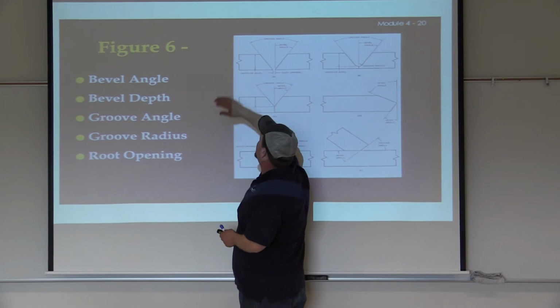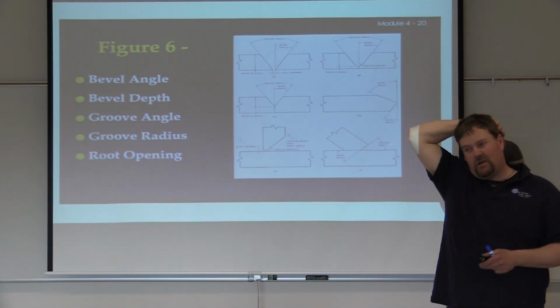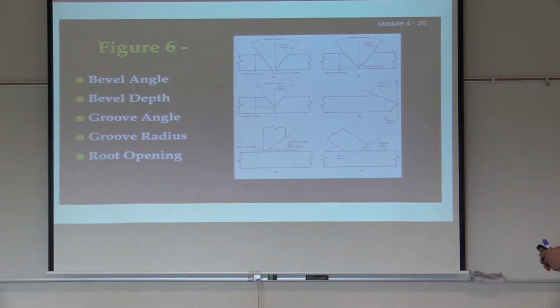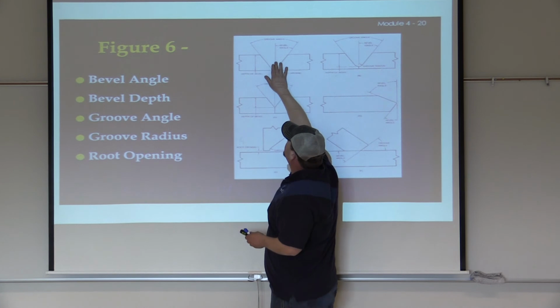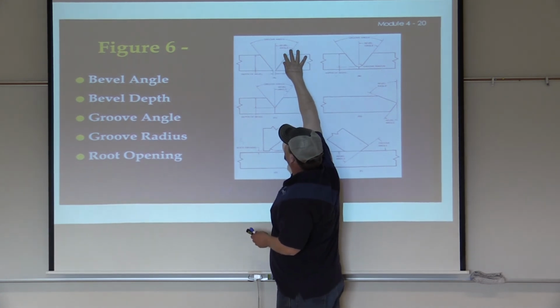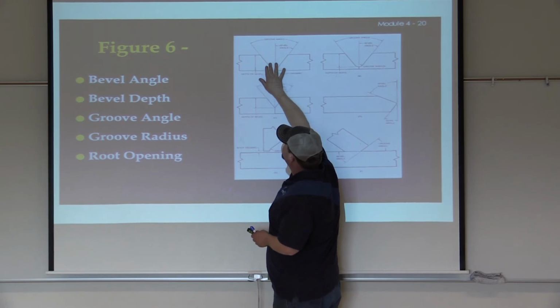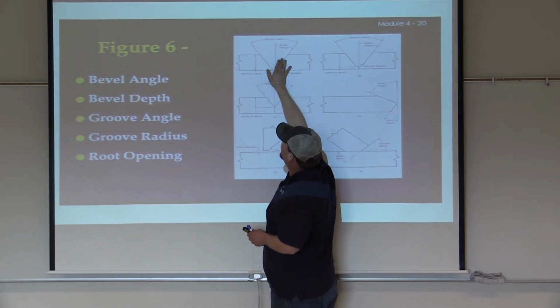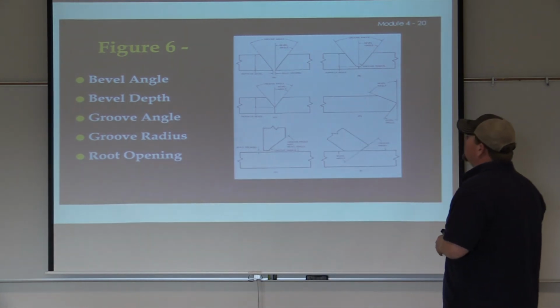The most industry standard, API runs 30 degrees per side, so total is 60 included, right? You can have your individual bevel angle of one side. That's what this is showing you. This is a bevel angle. In this case, it's called 30 degrees. This one would also be 30 degrees. Together, the groove angle is 60.